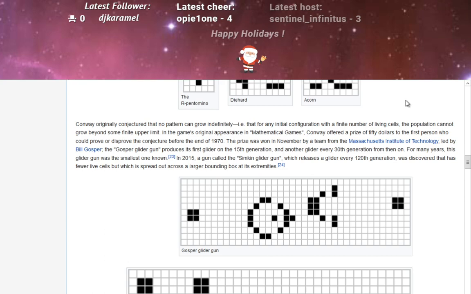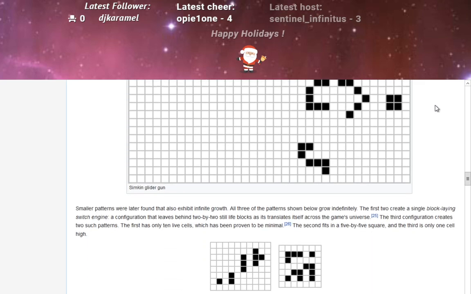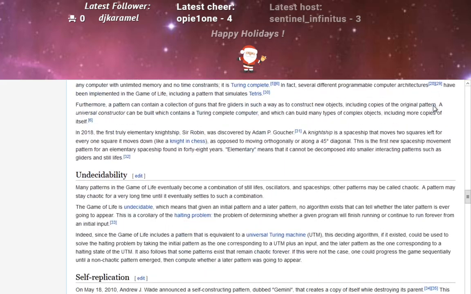Conway originally conjectured that no pattern can grow indefinitely, that for any initial configuration with a finite number of living cells, the population cannot grow beyond some finite upper limit. This is a whole project in itself.